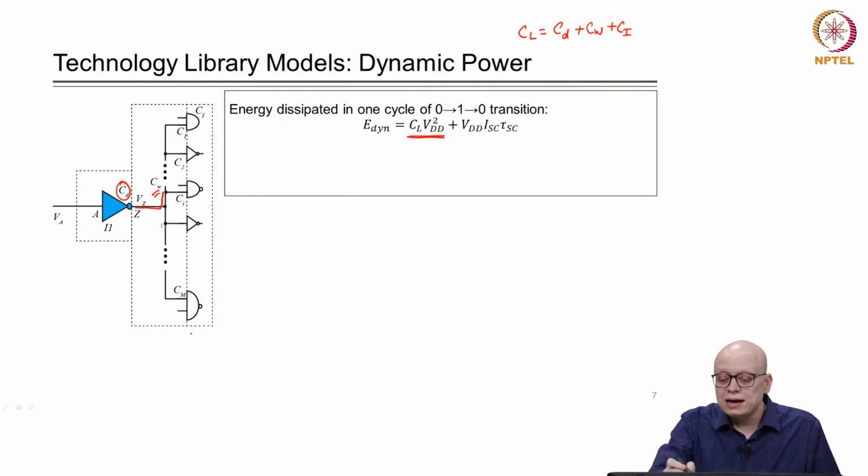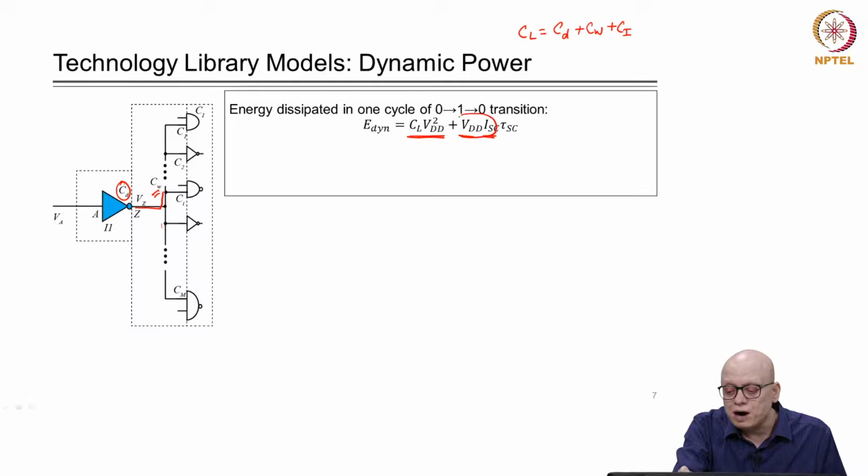And the second part of the dynamic power dissipation is the short circuit power. The formula that we derived in the previous slide was VDD into ISC, that is the power dissipation. So, this is the short circuit power dissipation, VDD into ISC.